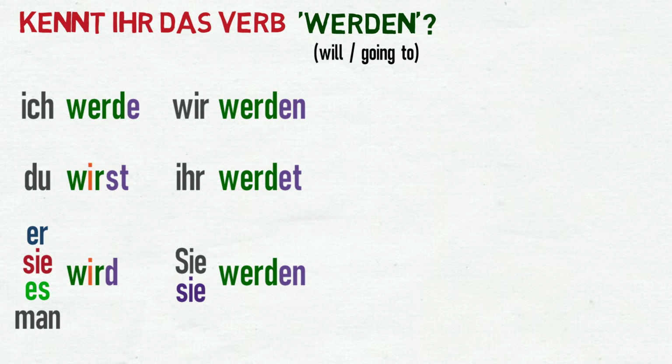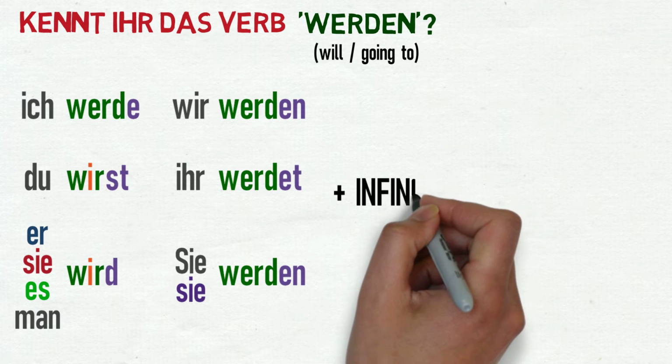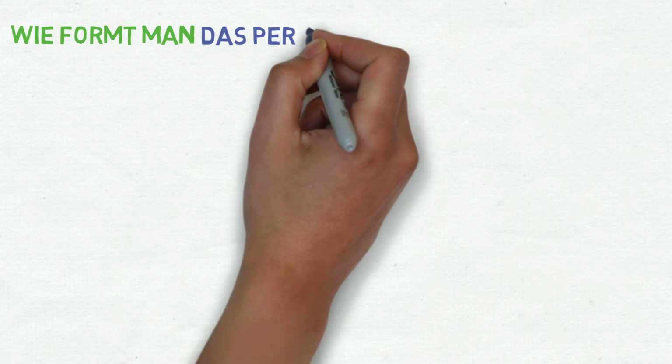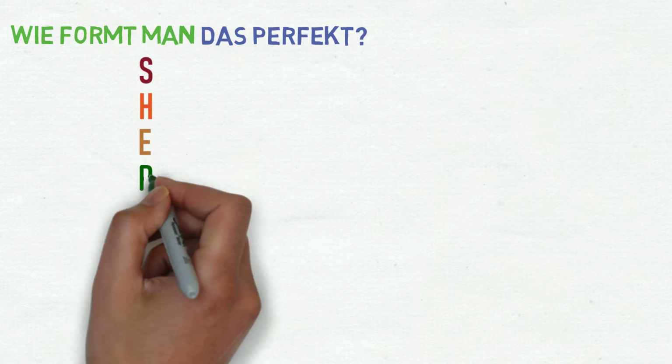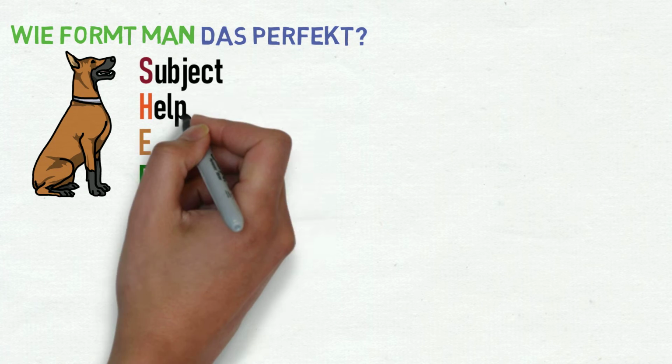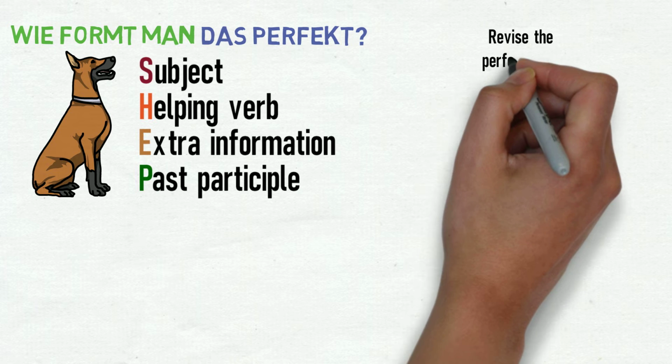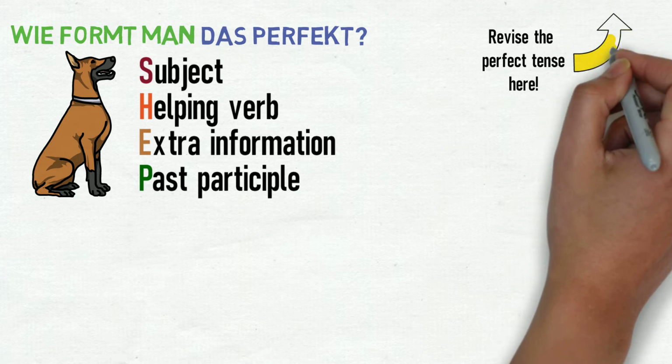It's also important to remember that the future tense will need to have an infinitive at the end of the clause, and we'll come back to that later. To form the perfect tense, we use the SHEP word order of subject, helping verb, extra information, and past participle. If you need to recap how to use this tense, please go back and watch my perfect tense video by clicking the banner now.